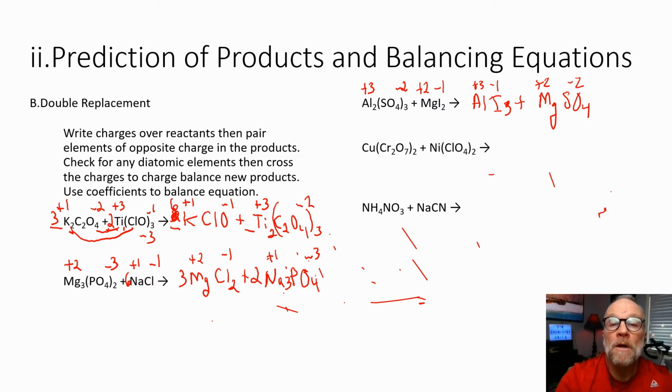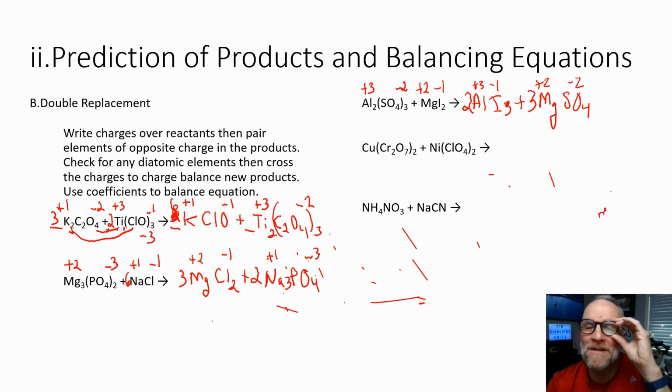2 aluminums on the reactant side, so we'll put a 2 in front of the aluminum on the product side, so that will balance. We have 3 sodiums, so we'll need to put a 3 sulfates. We have 3 sulfates, and we have 3 sulfates on the product side.